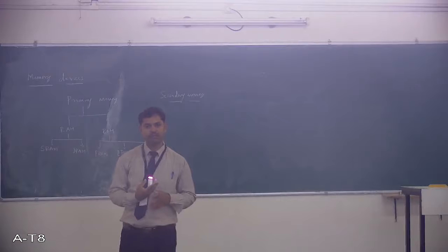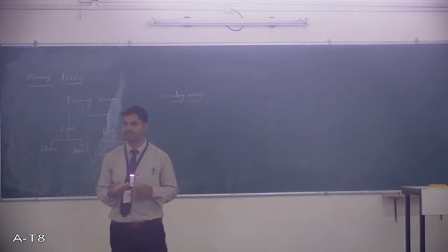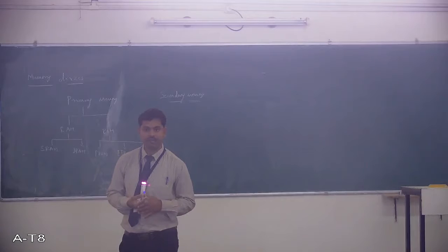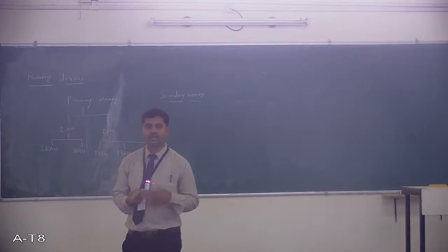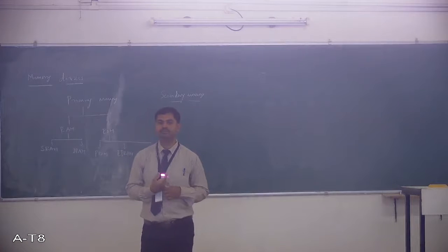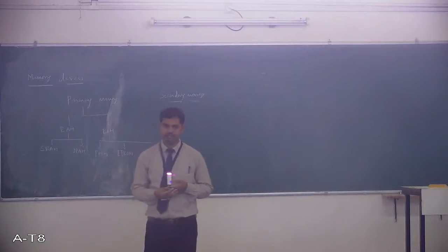Then you have many more types. So this classification is basically based on what? Whether it is based on the volume of data or the way you are storing the information. Based on many things we have a classification.